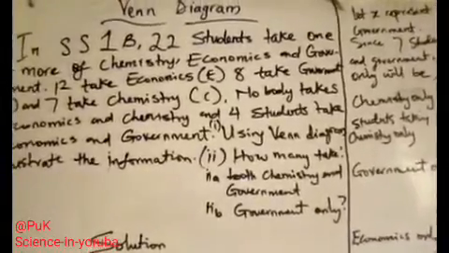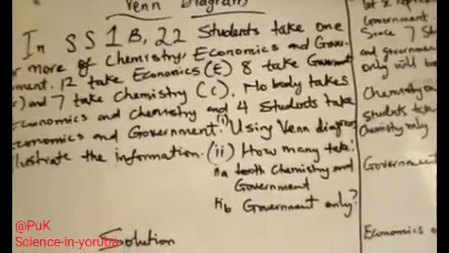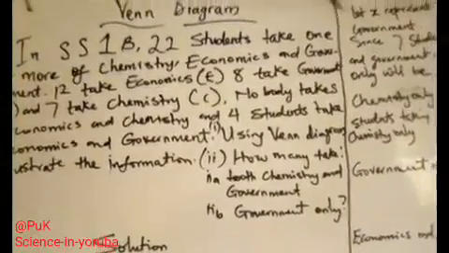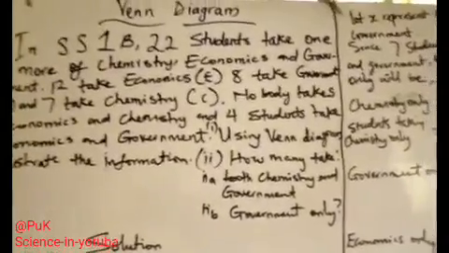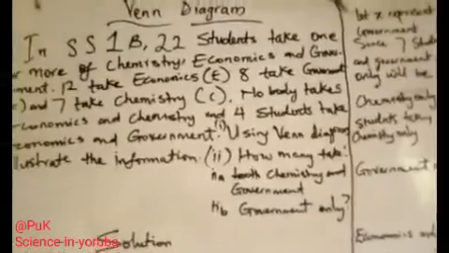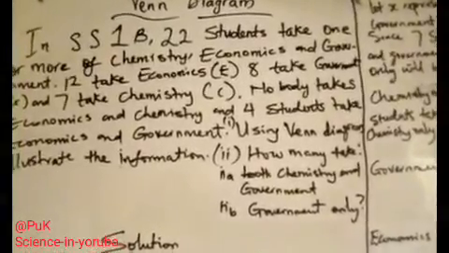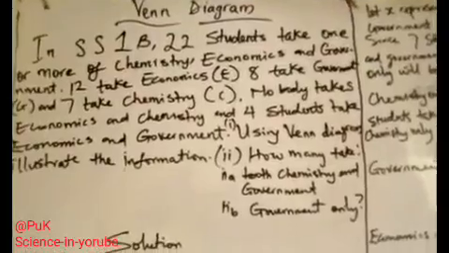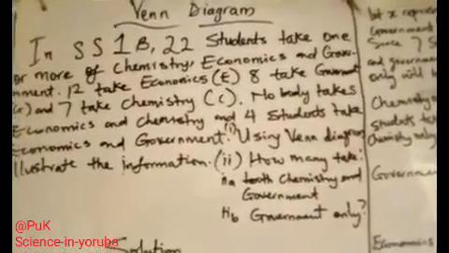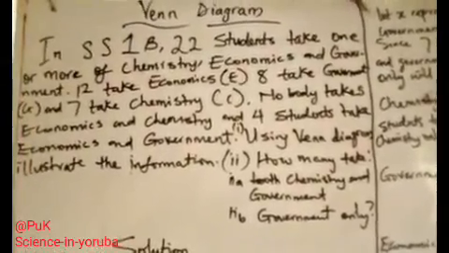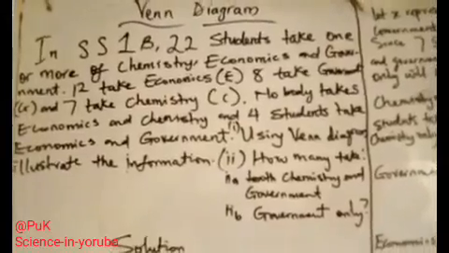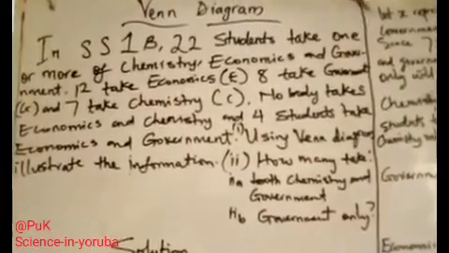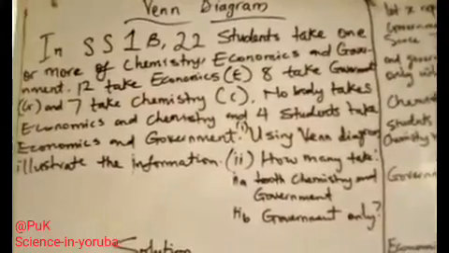We have been on set theory, and we've been able to learn types of sets. And now we have been doing how to use diagrams to represent sets of various types.